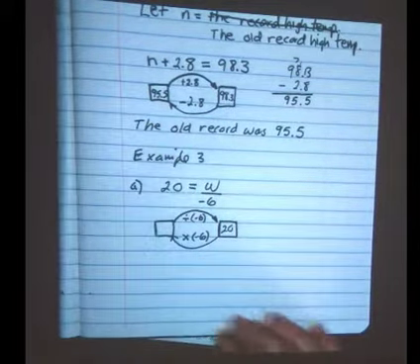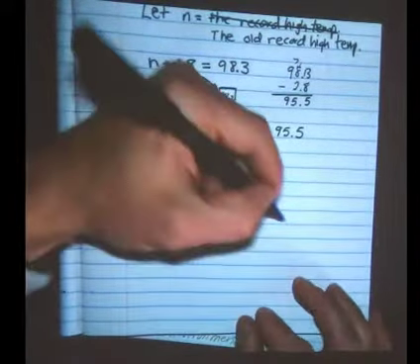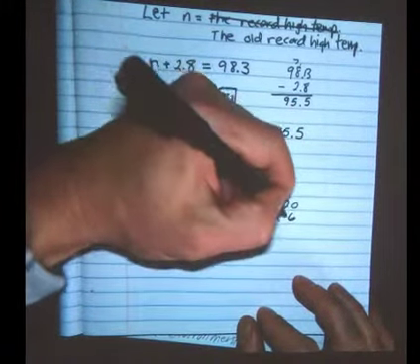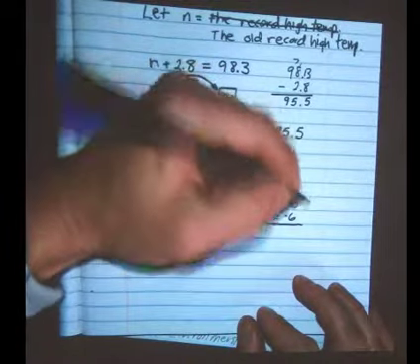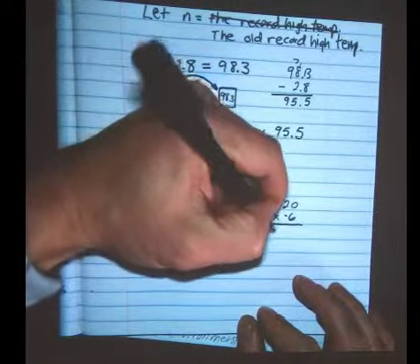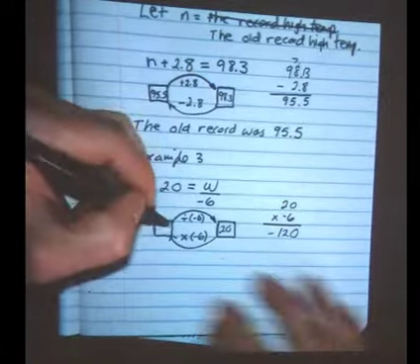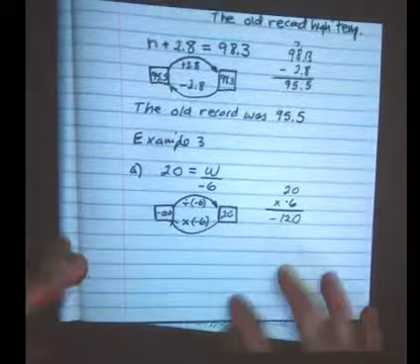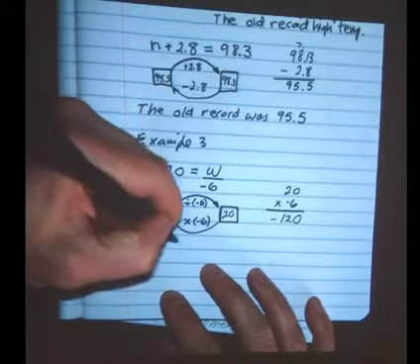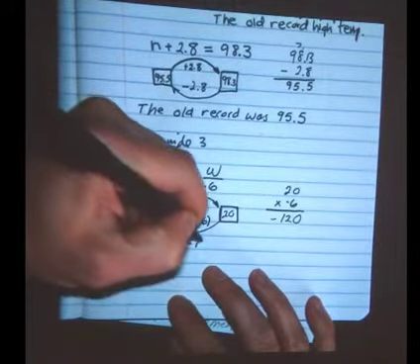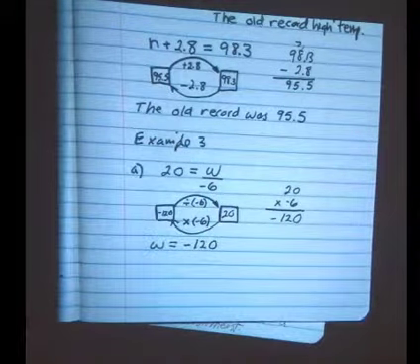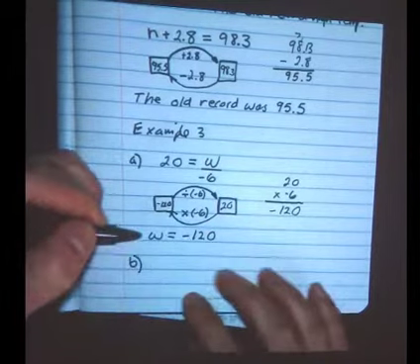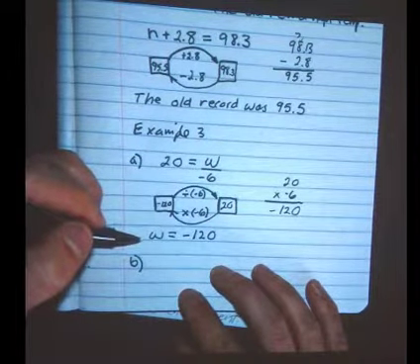The opposite of dividing by 6 is multiplying by 6. So 20 times -6 is -120, so W is equal to -120. That's going to be one of the more challenging types of equations to solve.